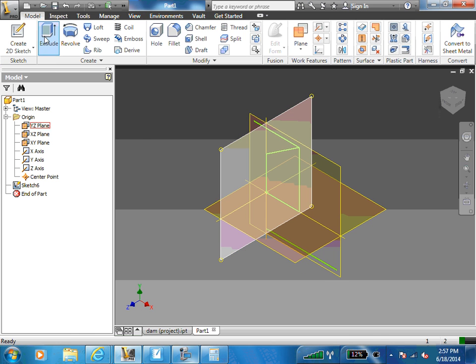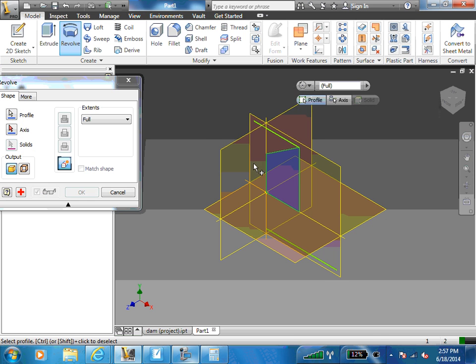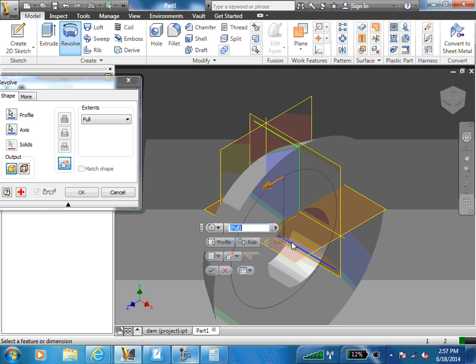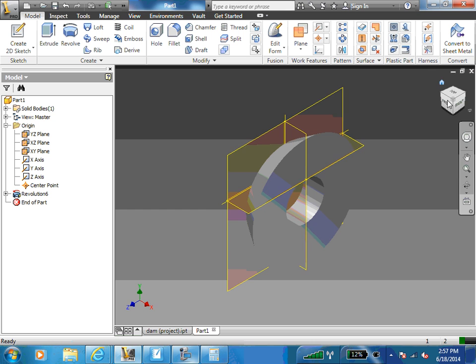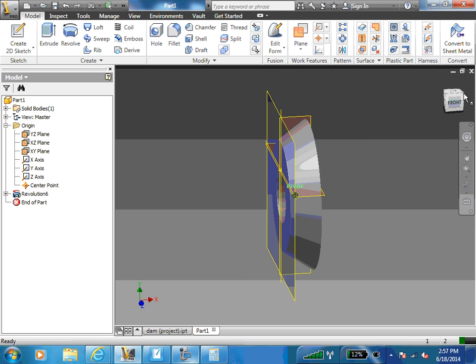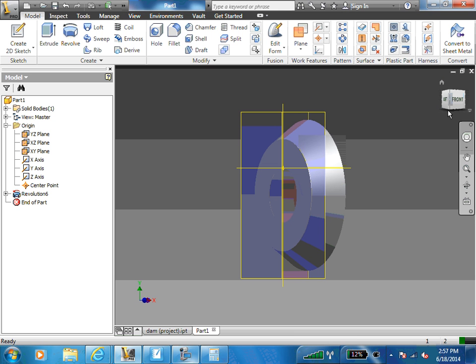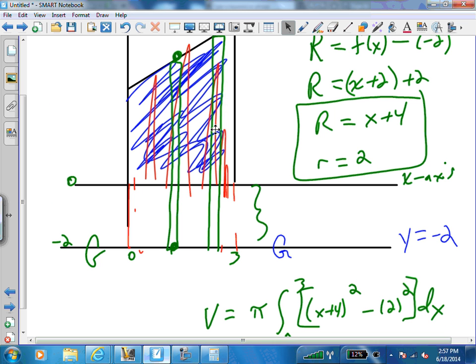Let's look at another one. Let's say they give y equals x squared, y equals the square root of x.